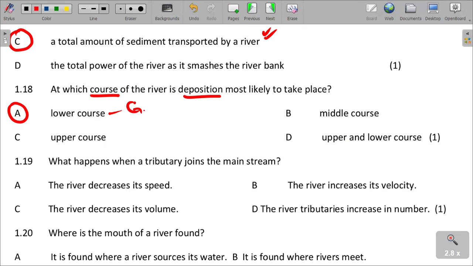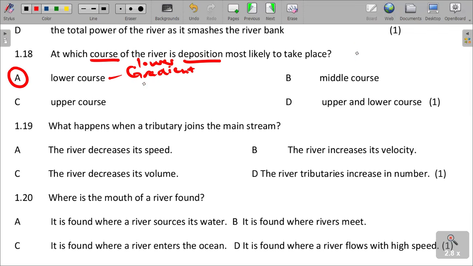It is mostly because of loss of gradient, loss of erosive energy. Like we said, a lower gradient is the one causing that, and then also the effect of the sea level, whereby the water is entering into the sea. So the sea is also reducing the erosive power of the river, and hence deposition will take place.